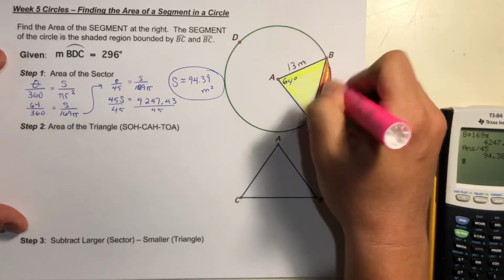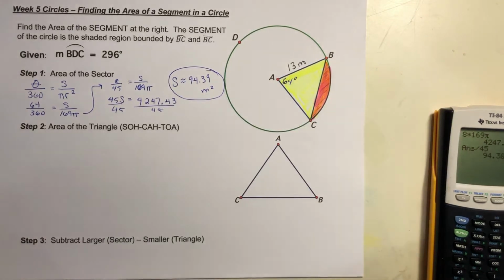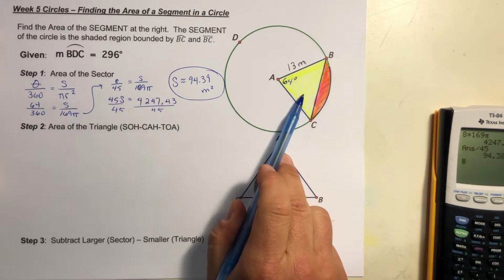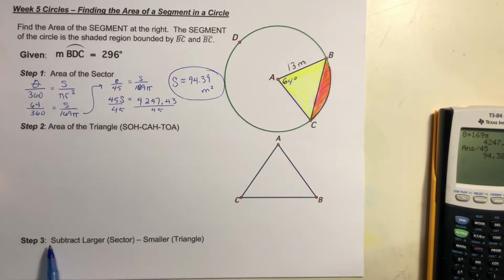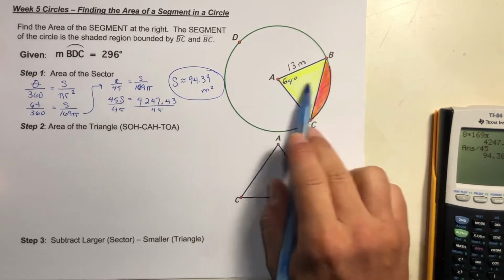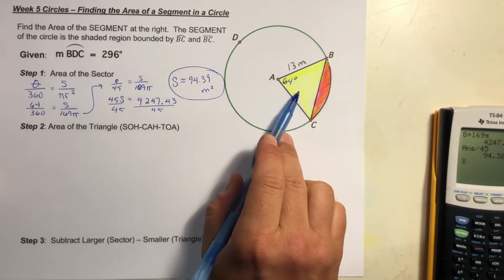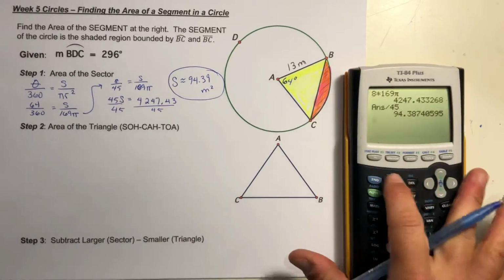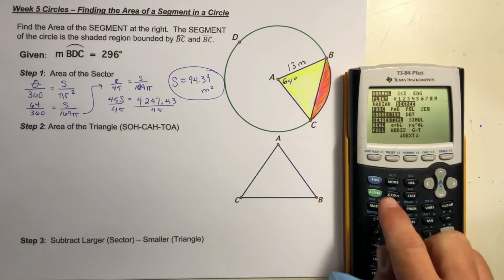If you notice in my little checklist here, step 2 says to find the area of the triangle. And then finally, we're going to take the larger area, all of that sector, subtract the triangle, and it'll leave our segment. That's going to remind me to double check and make sure my calculator is set to degrees, hint, hint.